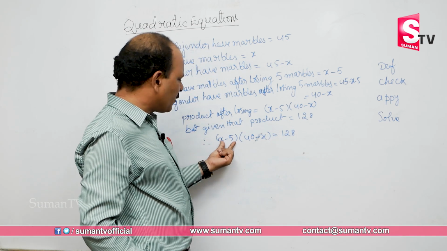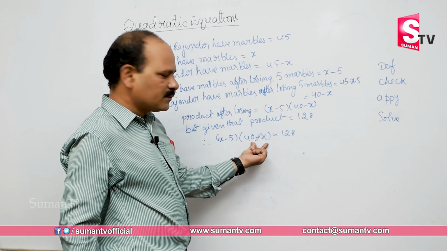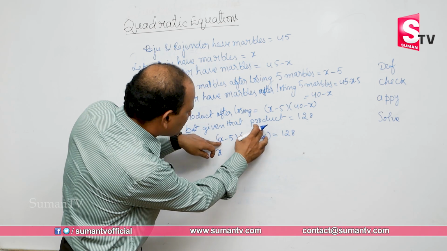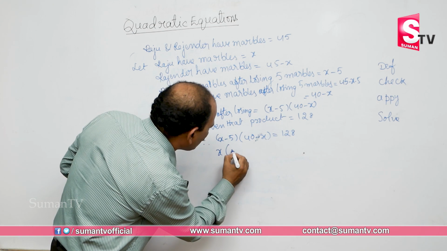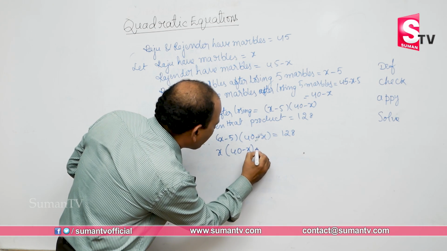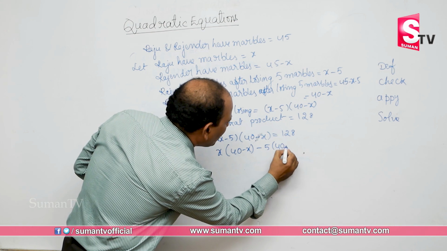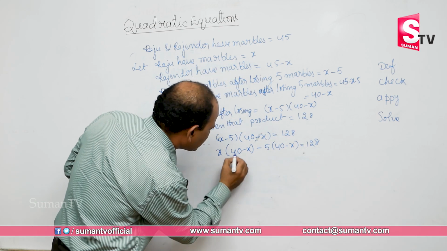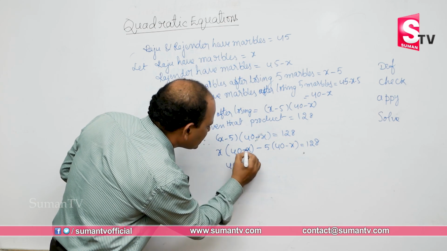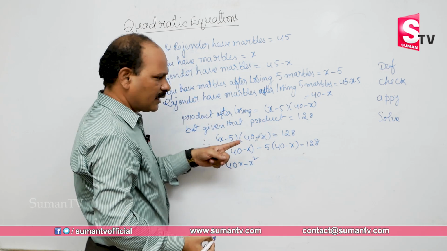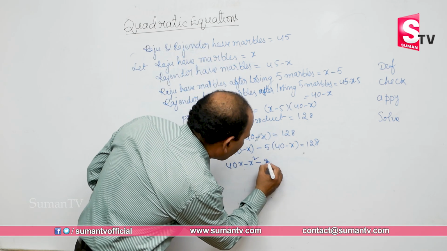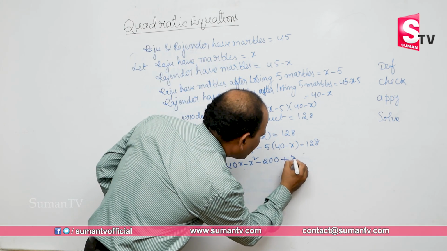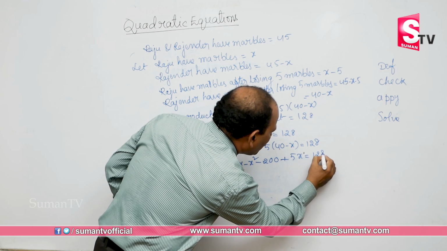Now these binomials should be multiplied. First multiply the whole expression by x. x minus 5 into 40 minus x is equal to 128. x into 40 is 40x, x into minus x is minus x square, minus 5 into 40 is minus 200, minus 5 into minus x is plus 5x, equal to 128.